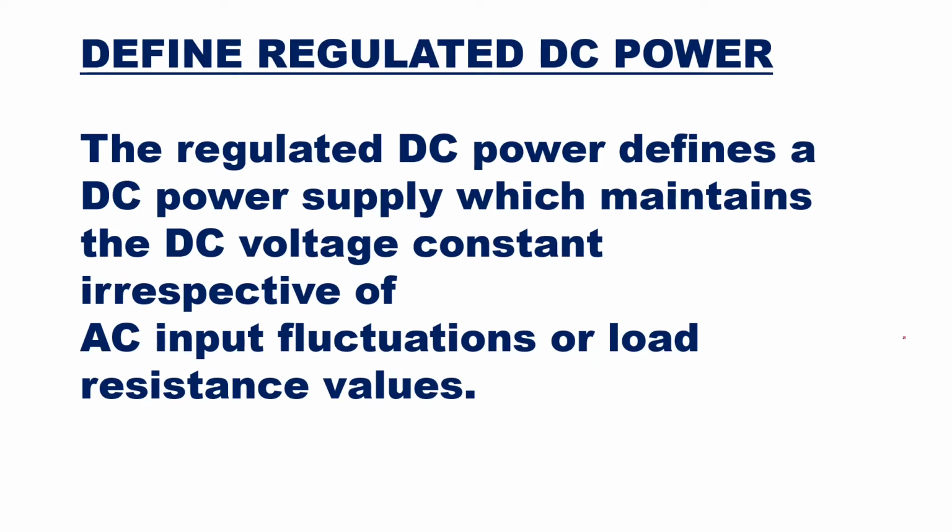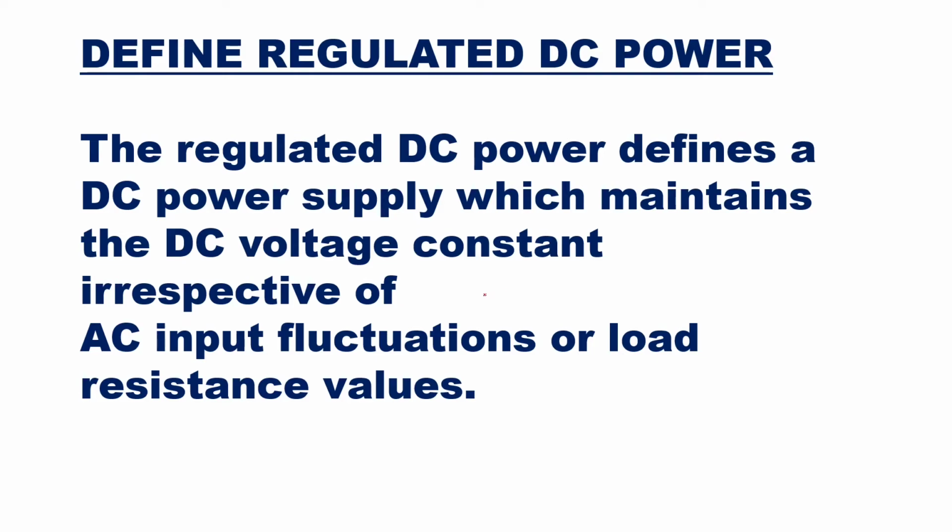Here you can see, first you see the definition of DC regulated power supply. Regulated DC power defines a DC power supply which maintains the DC voltage constant irrespective of AC input fluctuations. This is very important.